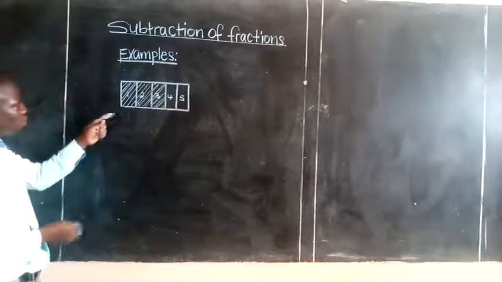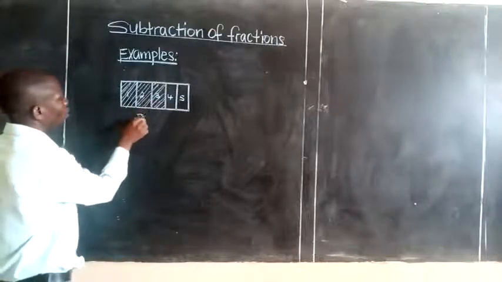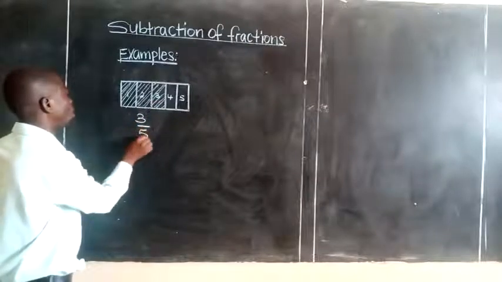So we have 3 shaded. This one is 3/5. The shaded part is 3/5.